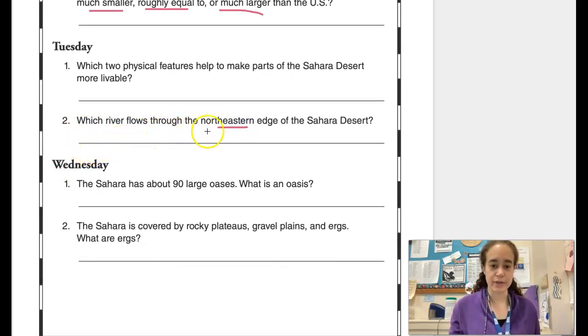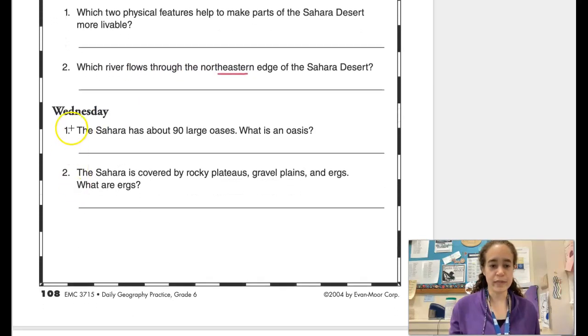Use your compass rose to find the northeastern river. Wednesday talks about some of the vocabulary words, so make sure you use your vocabulary words from the first page. I don't want you to find just random definitions on Google. I want you to use the ones that are included in the DOG to find what is an oasis and what are ergs.